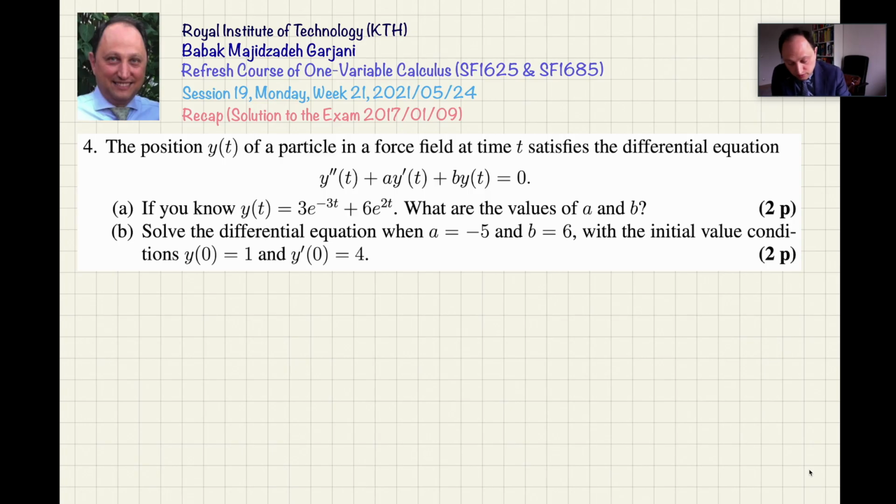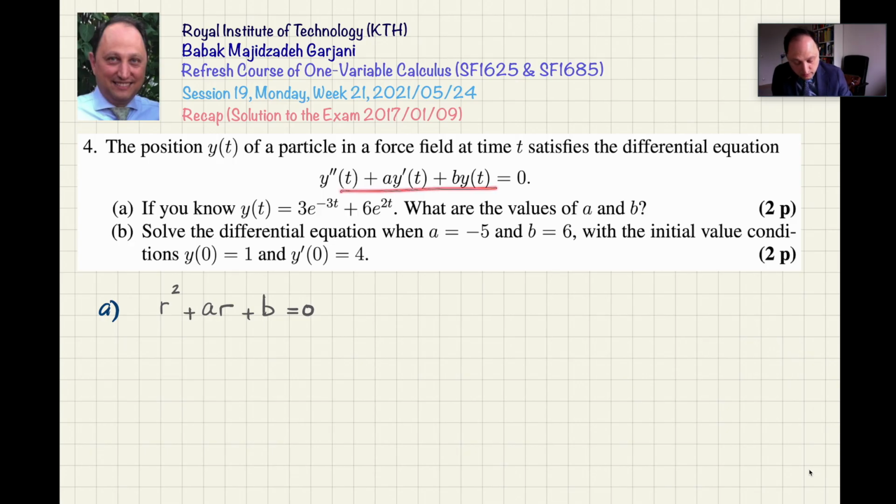If I ask you what is the characteristic equation of this differential equation, hopefully you remember from that lecture that it is r^2 + ar + b = 0.